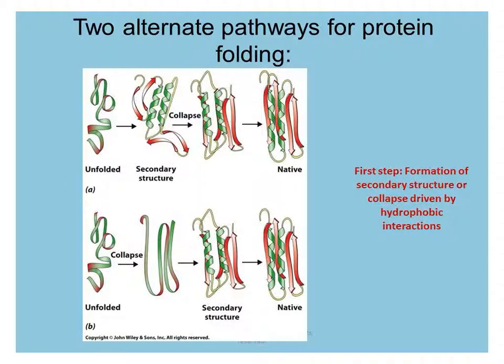Now, regarding the folding process, 2 different alternate pathways have been proposed for how proteins fold. Protein folding is a very popular field in biochemistry that is studied by scientists trying to determine the steps of protein folding and how a protein folds: what particular motifs fold first, what looping occurs next to reach its final native structure. You can see there are 2 different examples of how proteins may possibly fold.